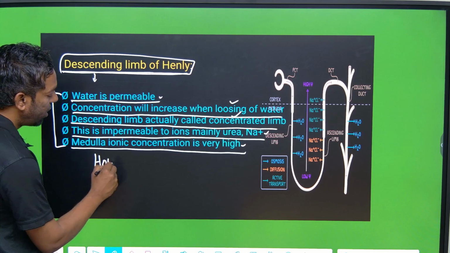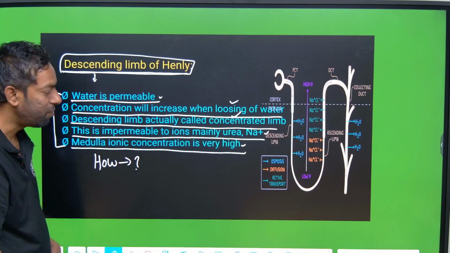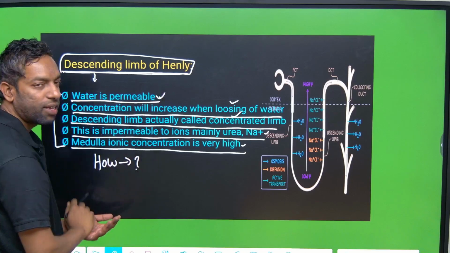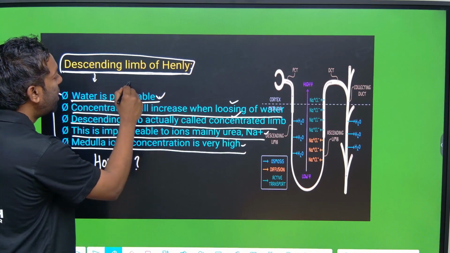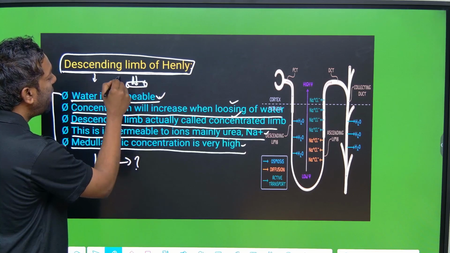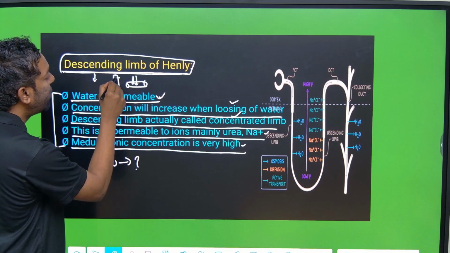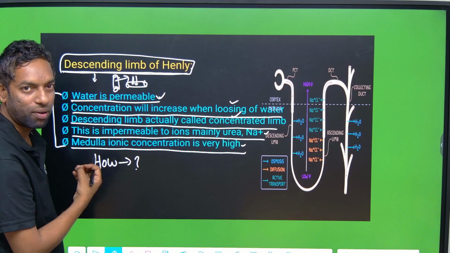How do these conditions take place? We are going to discuss each and everything. First of all, why is water permeable across the tube? This is the capillary and the tube, and the action takes place between the capillary and the tube. Why is water permeable?